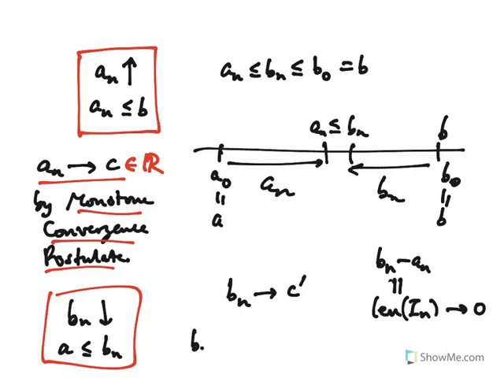So bn can be expressed as an plus their difference, and an is converging to C, and their difference is converging to 0. So therefore, C is equal to C prime. So the intervals are shrinking down on a common point. The an's are approaching C, and the bn's are also approaching C. So there is this point C that has that property. C is the common limit of the an's and the bn's.